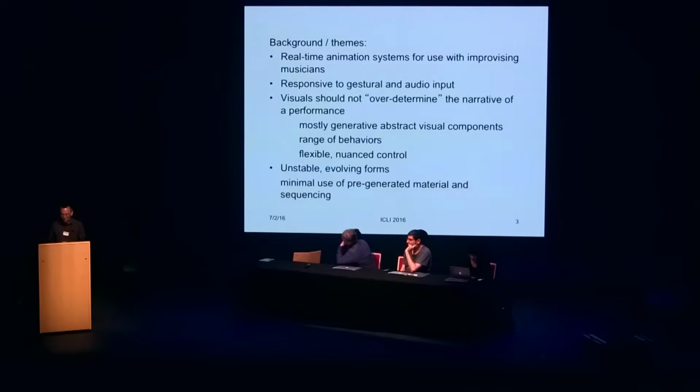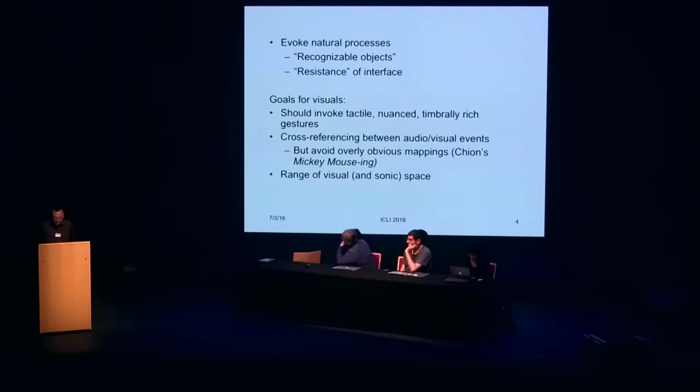I mostly use generative abstract visual components that have a range of behaviors, and so they allow us to develop a conversation as the performance progresses. I really like unstable forms that evolve, and I'll talk a bit more about that. And I use very little pre-generated material.